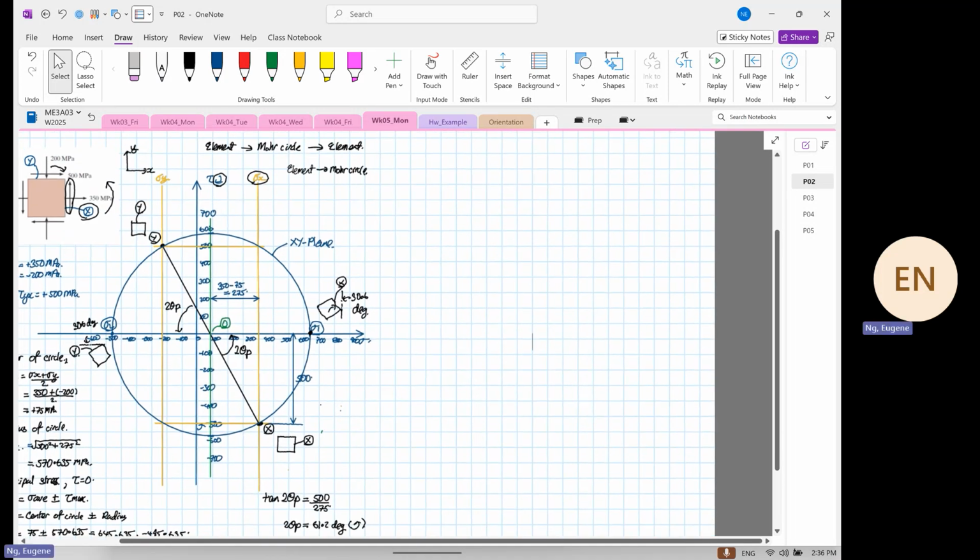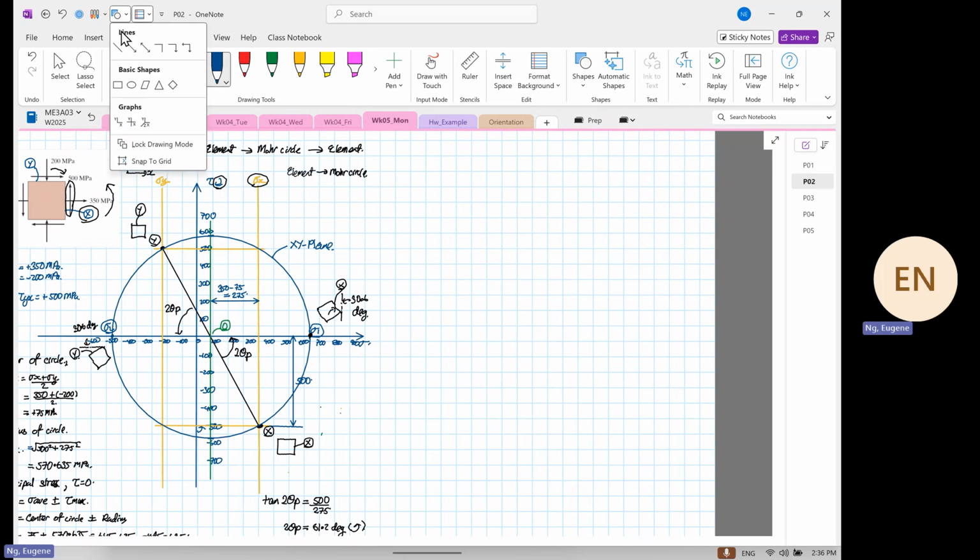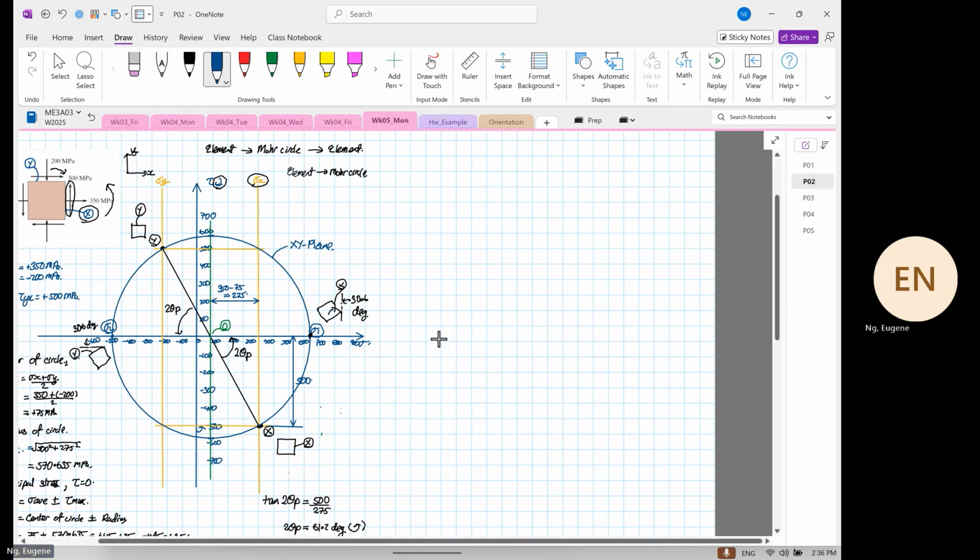So now we have to deal with the element, because when we draw the element, it has to have the stresses on the element. Okay, so watch this. The first thing that we do is we sketch our 0, 0 axis.